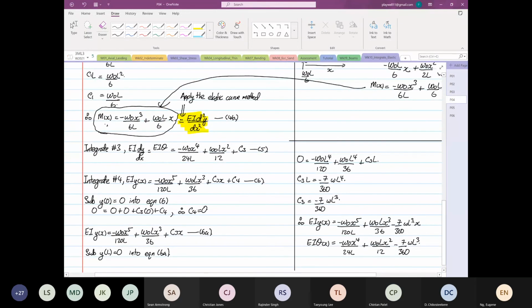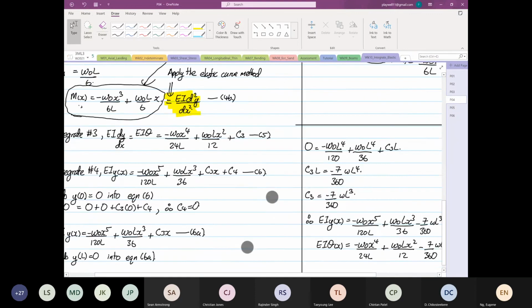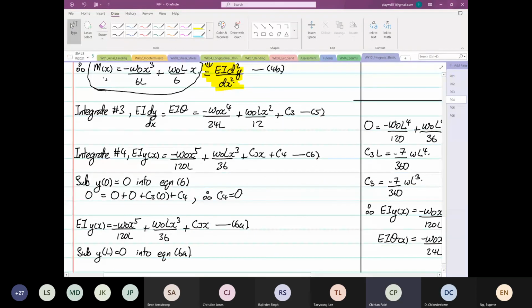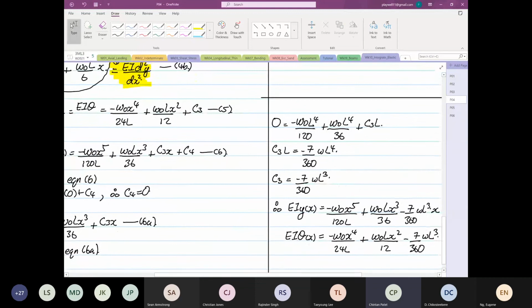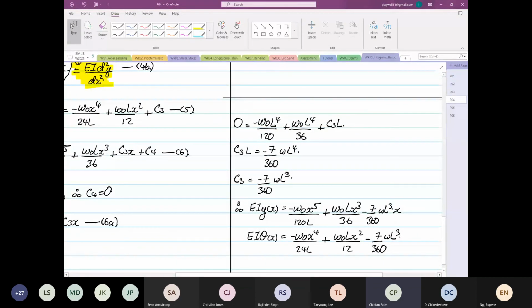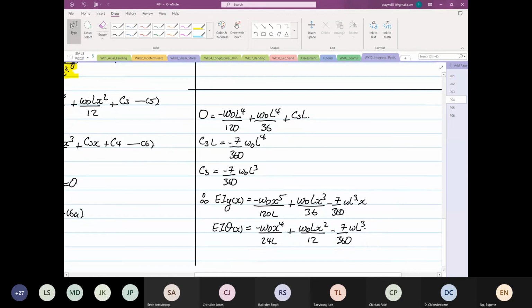Minus 7 upon 360 omega naught L cube, I think that's what he's saying. So it's omega naught, okay. Thank you so much. The first one is L4. L3.